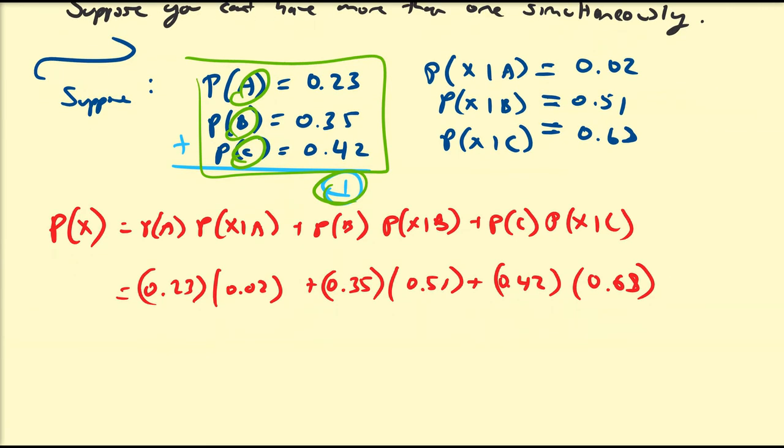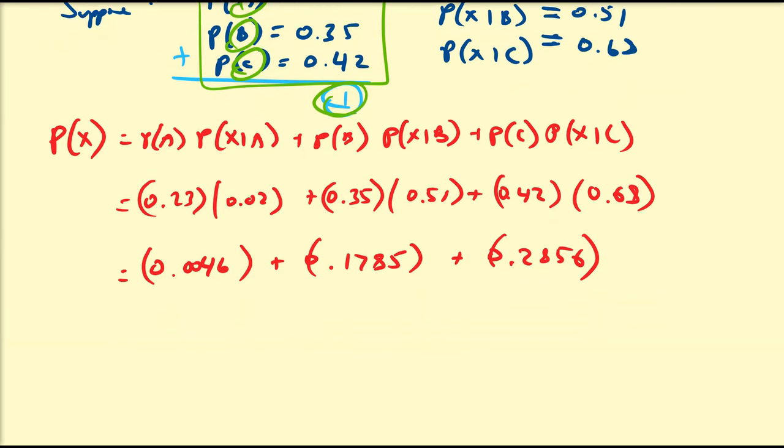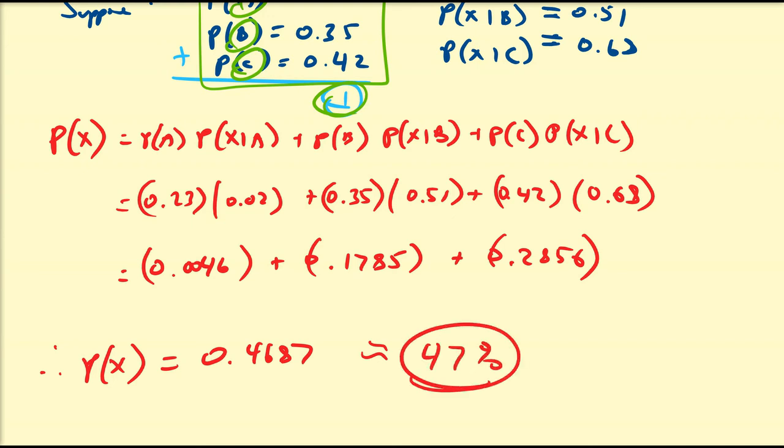Once you have your numbers down, perform your multiplication next. Once you have everything down, you should find that the probability of dying from any one of these diseases is approximately 0.4687, which is approximately a 47% chance of dying from any one of these diseases.